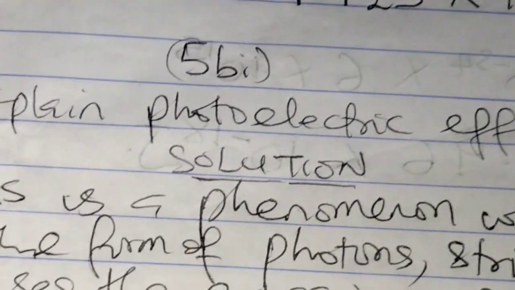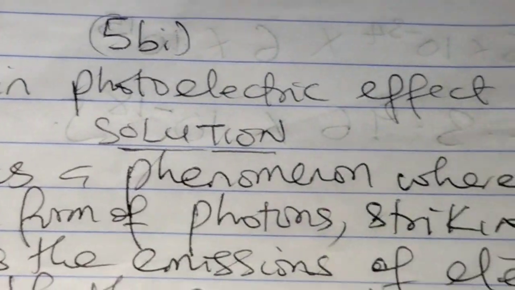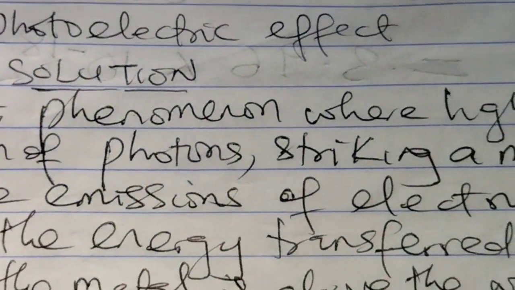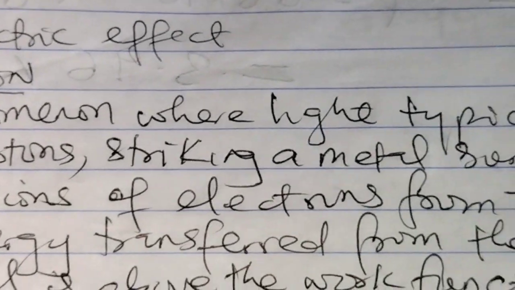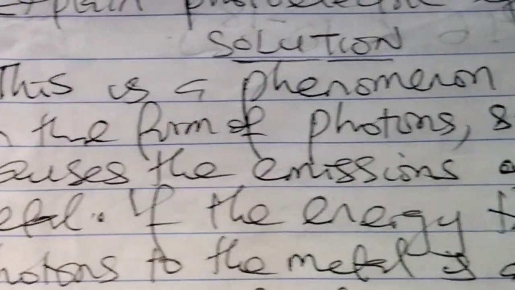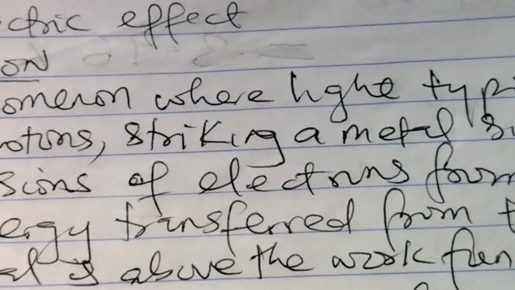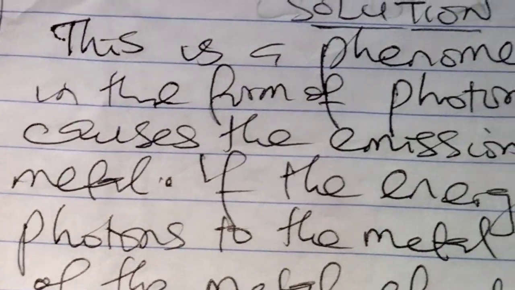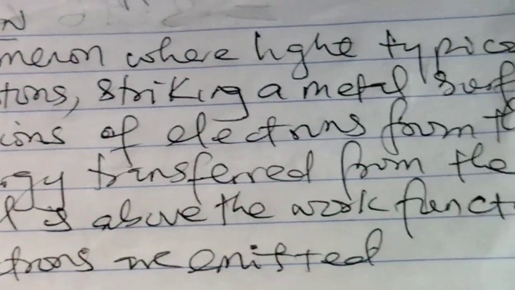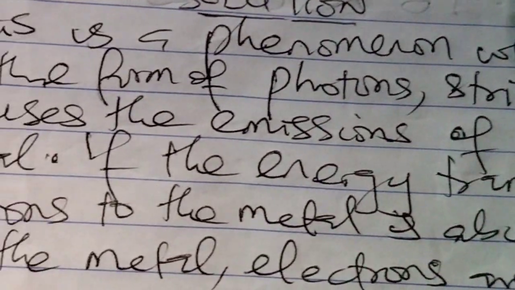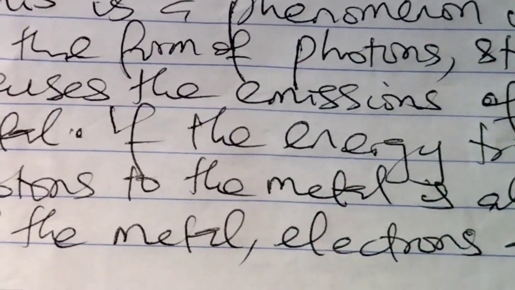The next question, 5BI, says explain photoelectric effect. Solution: this is a phenomenon where light, typically in the form of photons, striking a metal surface, causes the emission of electrons from the metal, full stop.